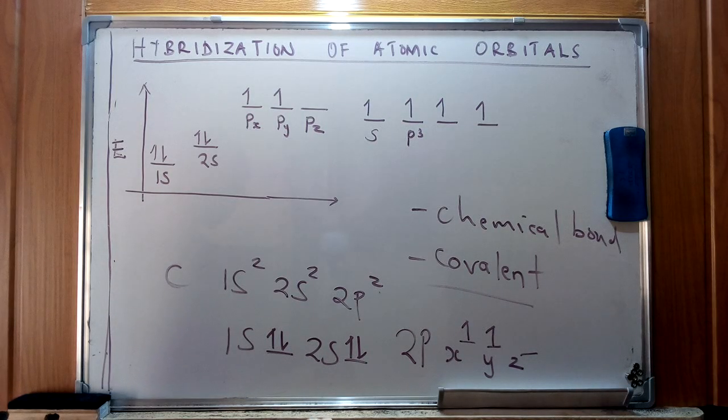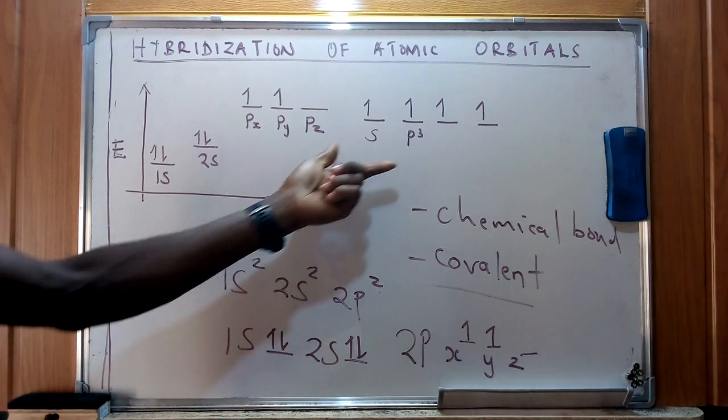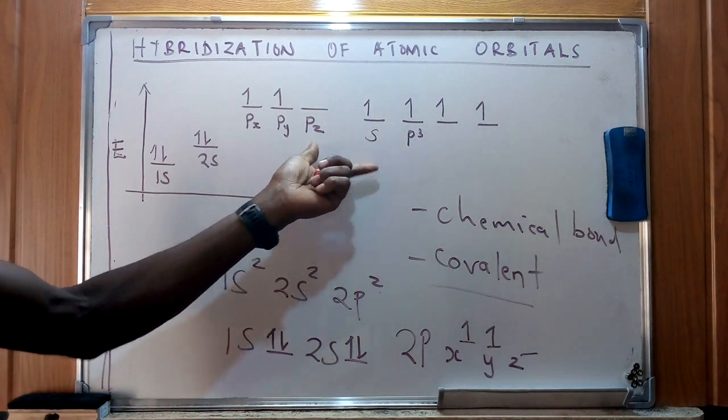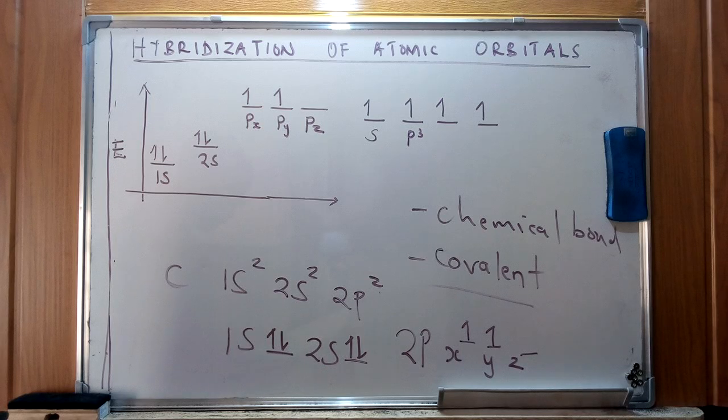Now due to hybridization of the atomic orbitals within this atom, a new set of identical orbitals with intermediate energies is going to be formed. This is illustrated in the diagram I've given on the upper part of the table, which I'm going to elaborate on later.